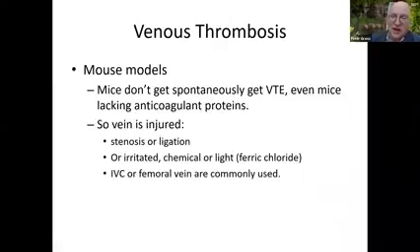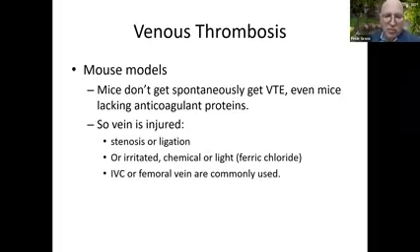Even mice that lack antithrombin or protein C, where you would expect them to get spontaneous venous thrombosis, they don't. If you have homozygous mice for antithrombin deficiency or protein C deficiency, they have what happens in humans. They get born with a purpura fulminans kind of condition. So there's no spontaneous venous thrombosis in mice.